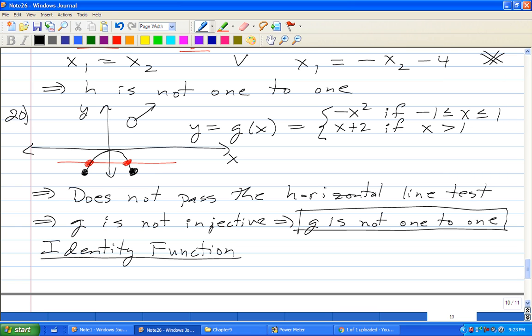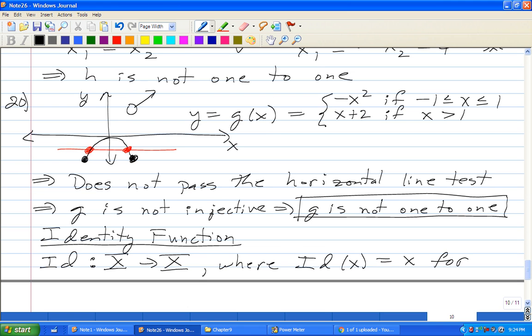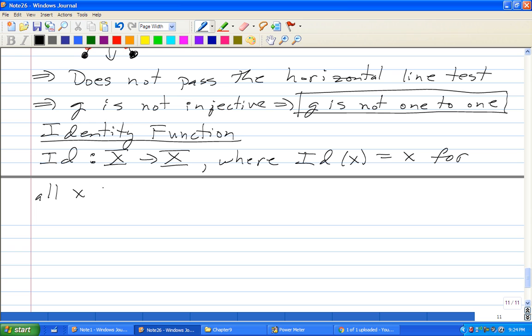And so the identity function is a function that maps some set x into itself and is defined by, well, for every x in the domain, it's just equal to x. And so it just maps itself to itself. So if I have any point x, then the identity maps x to itself.